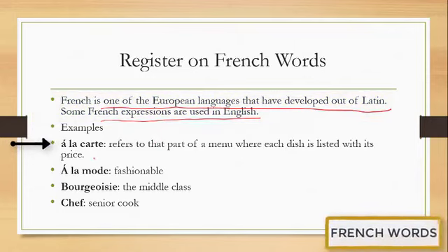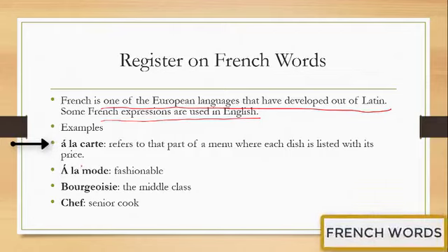I know sometimes you've been to restaurants or an outlet where they sell food, where you can have dinner and they give you cuisines in French. Each dish has its price. We call that à la carte.